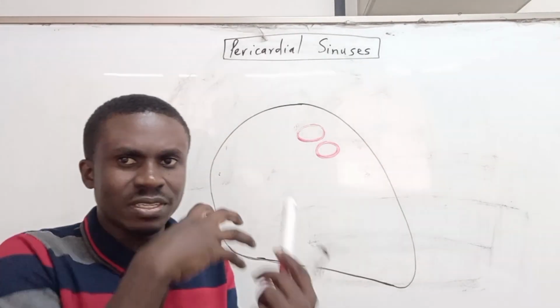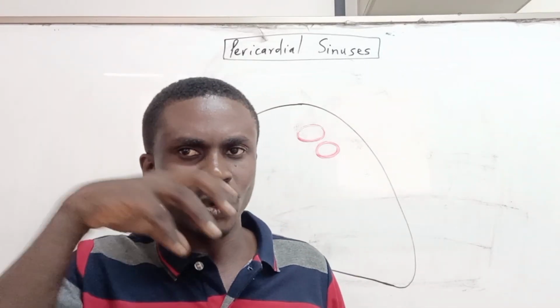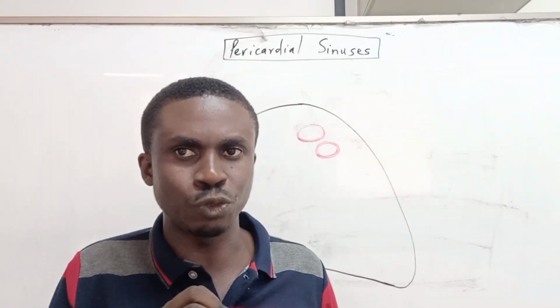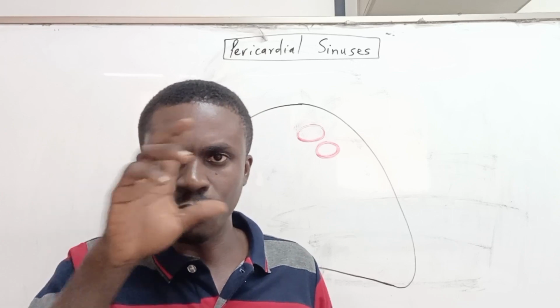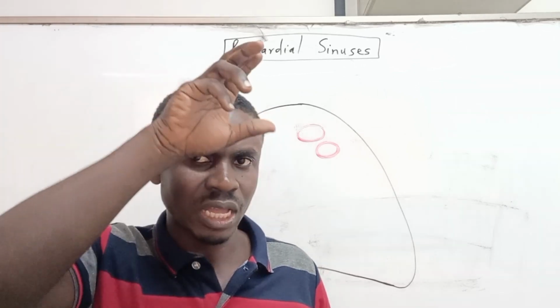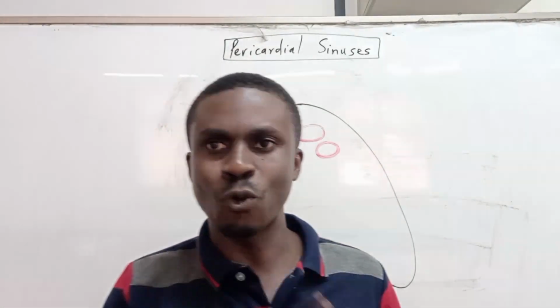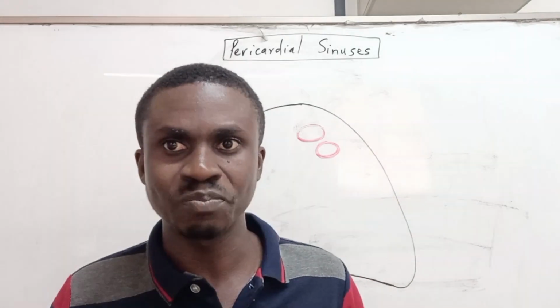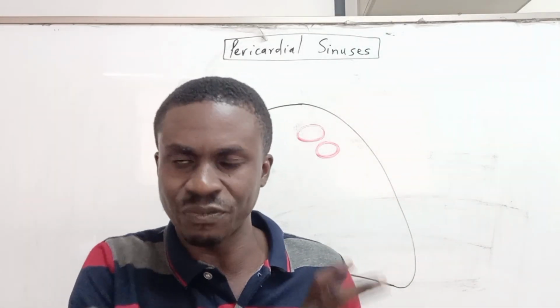Now remember that the ascending aorta and pulmonary trunk come from the cranialmost portion of the heart tube. If I divide the heart tube into three, from the arterial end I'm going to have the bulbus cordis, then the primitive ventricle, then the primitive atrium, then the sinus venosus, the venous end.